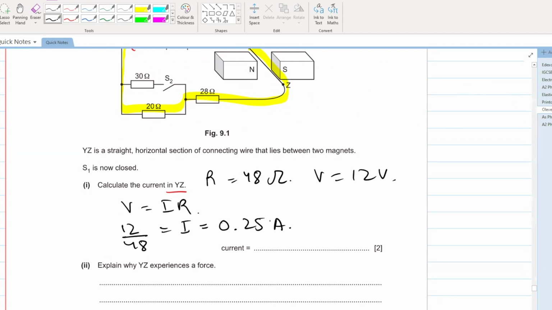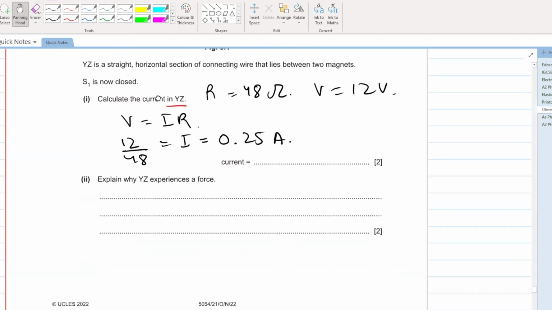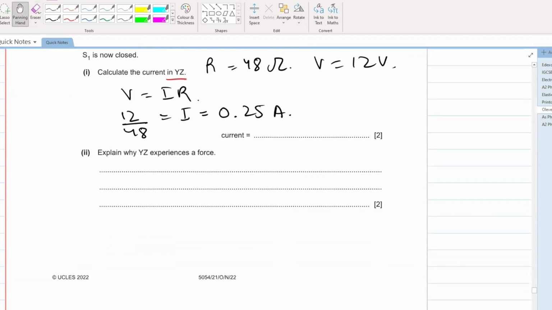Now you also have to explain why this wire YZ experiences a force. We have to tell why wire YZ experiences a force. The wire YZ is carrying a current in a magnetic field, hence it experiences a force. इसको लिख लो.